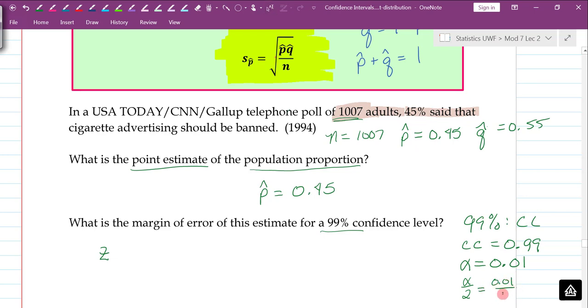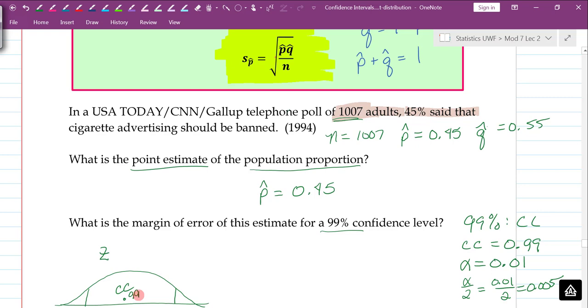So that is 0.005, okay? So I go over all of that because I want to know what my z-value is at 0.005. For everybody who needs a little bit of a refresher, when we're looking at our confidence intervals, we have right here our CC, or 0.99, of the area taken into account.